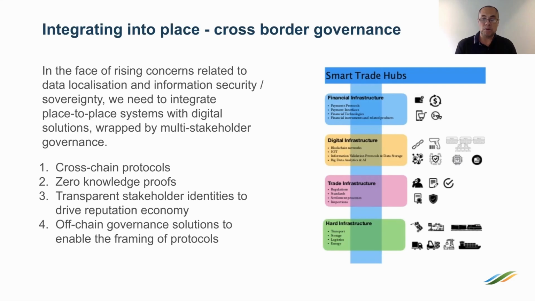And for us, that's very important, because this work is to contribute to how we think about trade hubs and how rolling out physical trade hubs together with digital layers can enable trade to take place between parties and between countries, even in conditions of low trust.